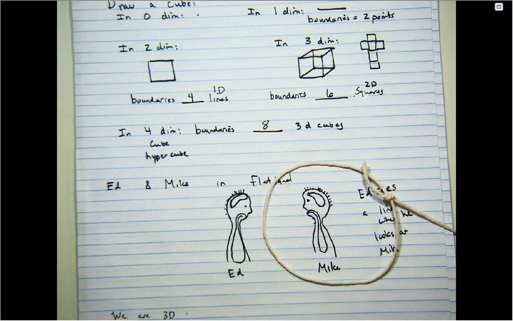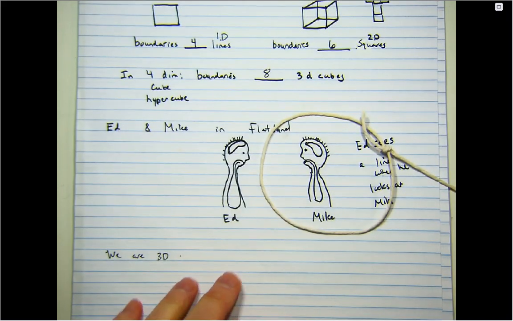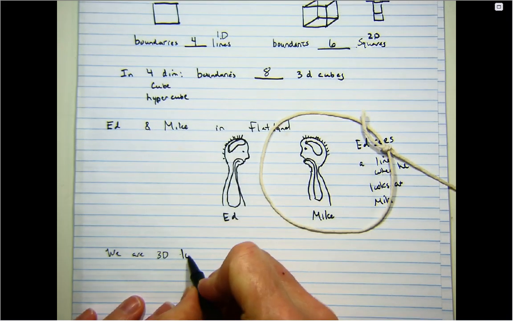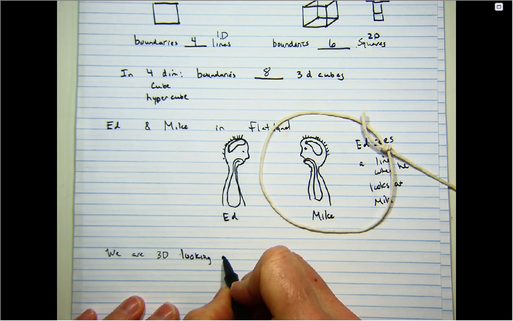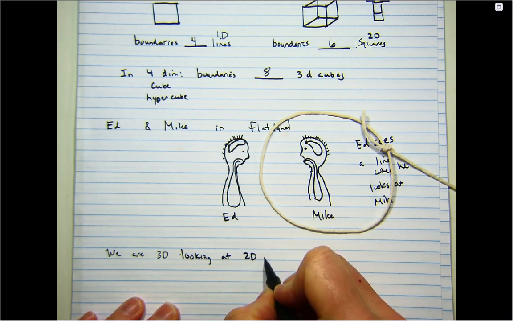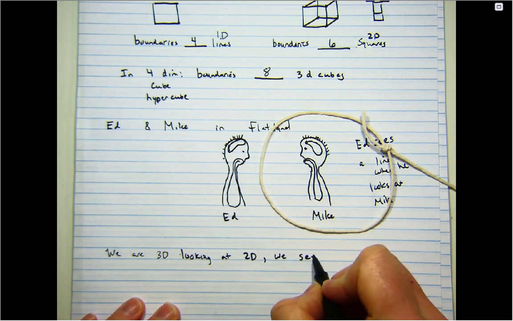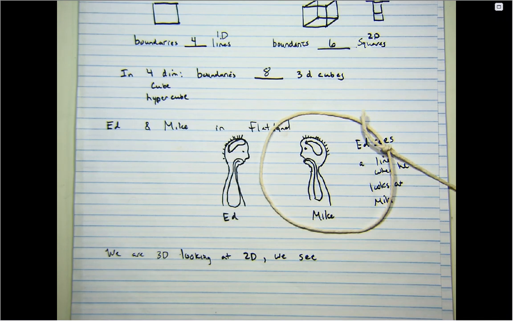Let me get a marker that writes darker. So we are 3D, looking at 2D, we see Mike's and Ed's brains. We see their lungs. We see inside of Mike and Ed.